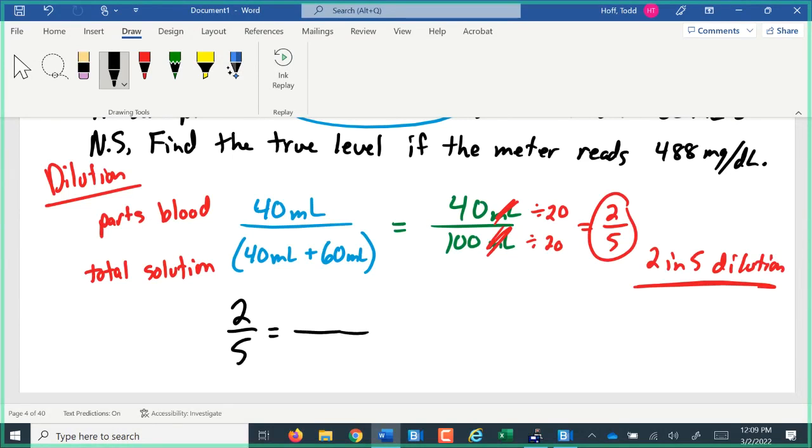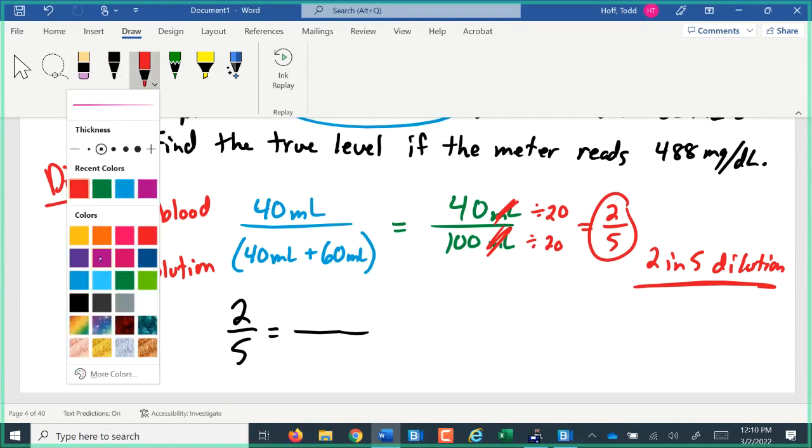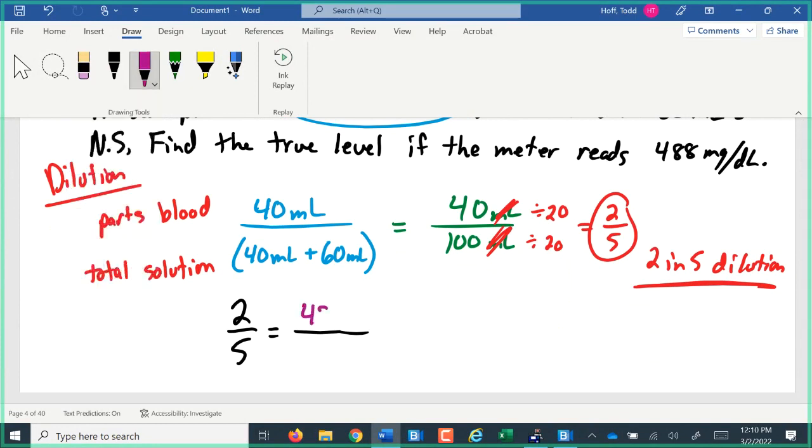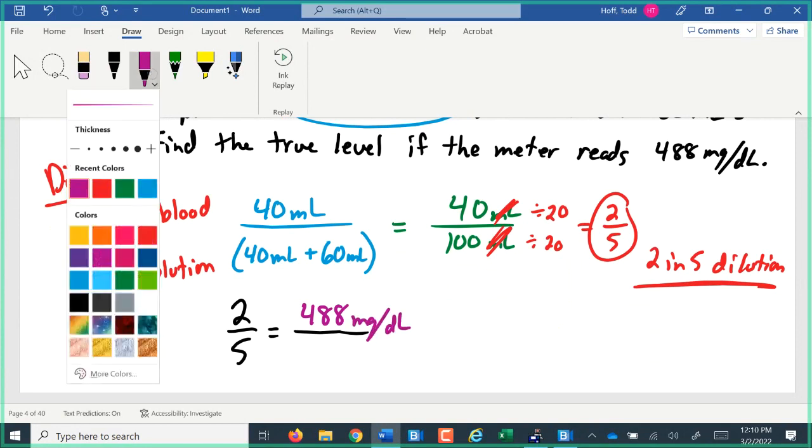The meter reading, again, would be the diluted or reduced value. So we would expect the true value to be larger than that. So the 488 goes with the smaller number in our dilution, which is the 2. 488 milligrams per deciliter. And then we'll cross multiply and divide.